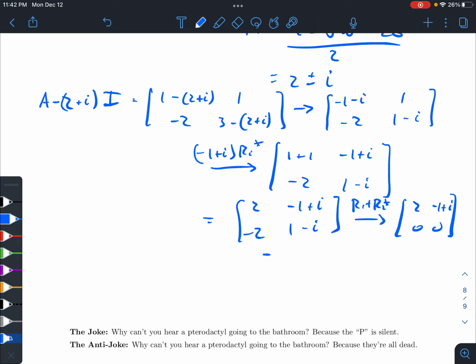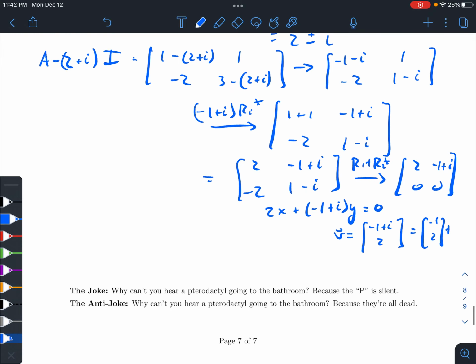Just get that. So this tells us that 2x plus negative 1 plus i times y equals 0. So we can pick our vector v to be, well, you make your x value just negative 1 plus i, and your y value to be 2, and it'll be satisfied.